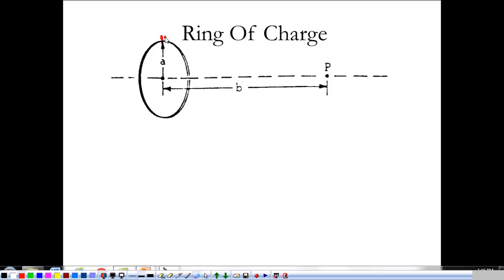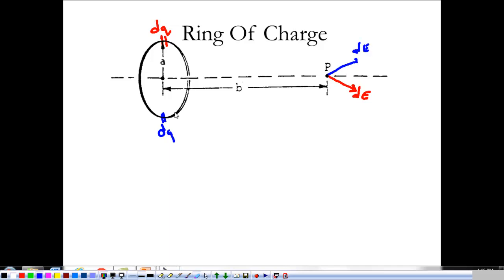So the first thing we're going to do is take a tiny piece of charge dq and see what the electric field from that is. So at point P, that points away, assuming it's positively charged. We have a little differential piece of our electric field, but we know on the other side of that ring there's another dq. It gives me another contribution to my electric field.